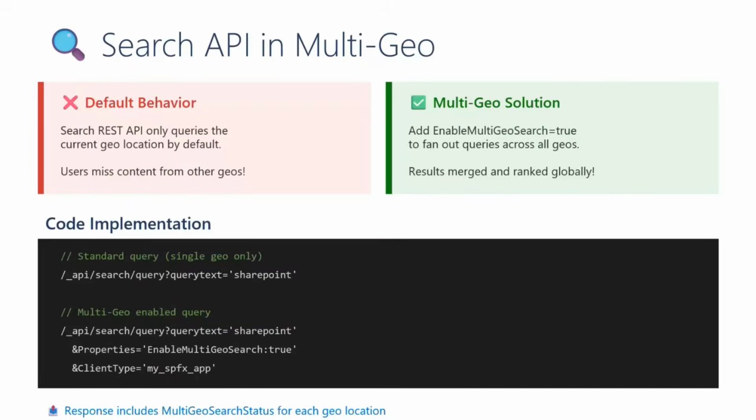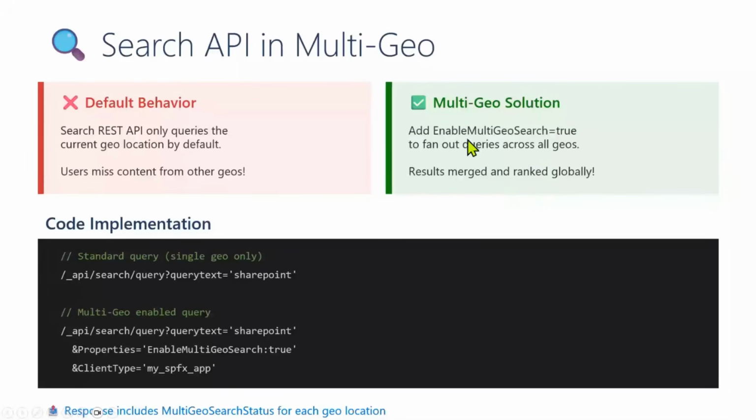So, search API. First of all, the search API has a default behavior: it doesn't go outside the geo. So if in the multi-geo environment you don't make any changes and make a search, and your NAM geo, the US geo, is your primary geo, and you're trying to retrieve some data from the Europe geo, you can't do that. The solution is you need to append enable multi-geo search equal to true as part of your properties when making a search.